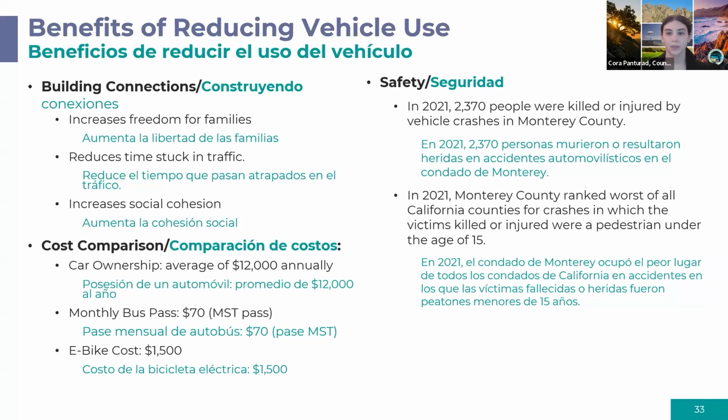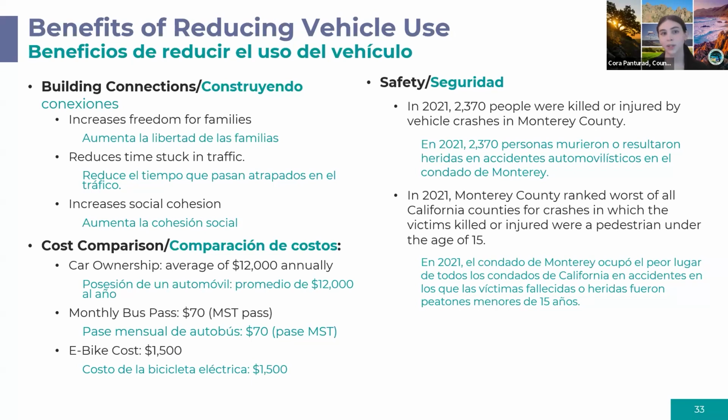Another benefit of switching away from the single occupancy vehicle model that we have currently is that there is a huge safety benefit of being able to drive less frequently. In 2021, the year for which we have the most recent numbers, 2,370 people in the county were killed or injured in car crashes.